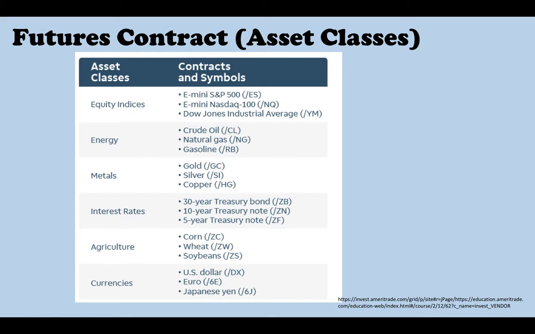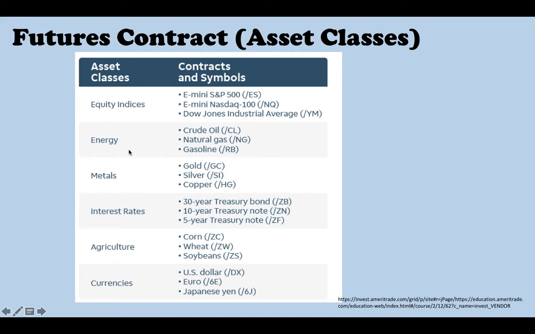So here are the futures contracts for different asset classes. You can see here, equity index: you have the E-mini S&P 500, the E-mini Nasdaq 100, and the Dow Jones Industrial Average.